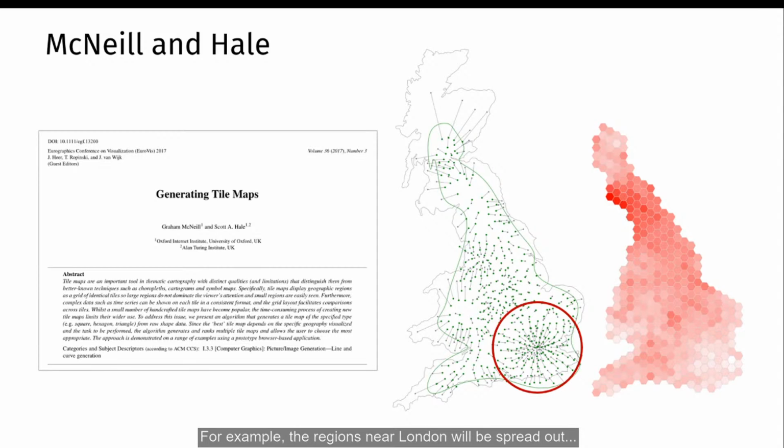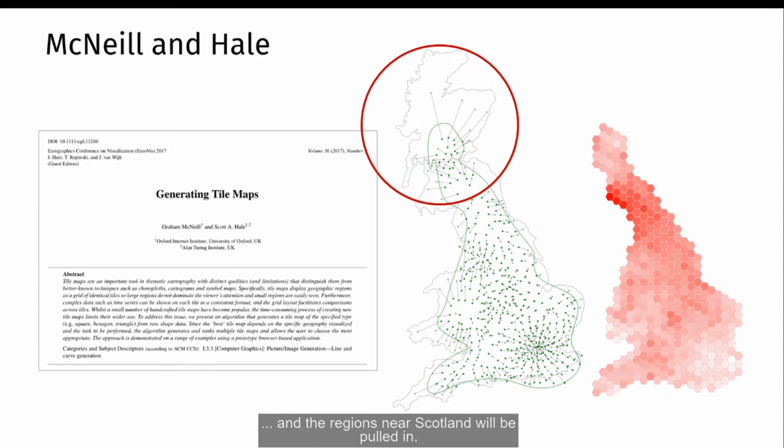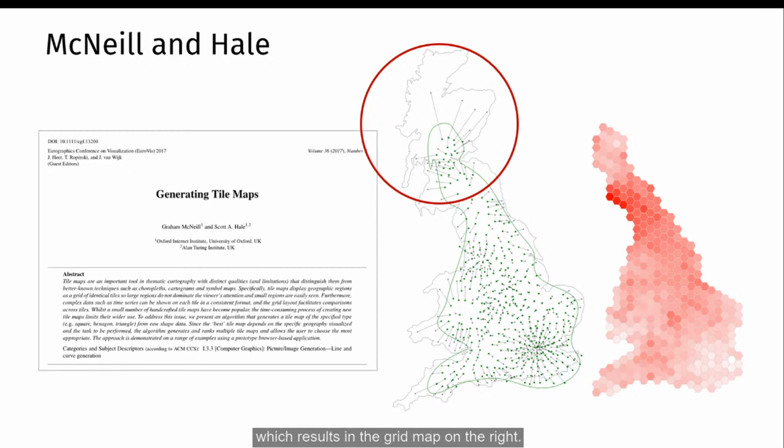For example, the regions near London will be spread out, and the regions near Scotland will be pulled in. The input shape is then dragged along with the points. Finally, tiles are selected within this deformed map, and displacement is again minimized, which results in the grid map on the right. We identified two limitations of their technique with respect to all the facets of coherence.